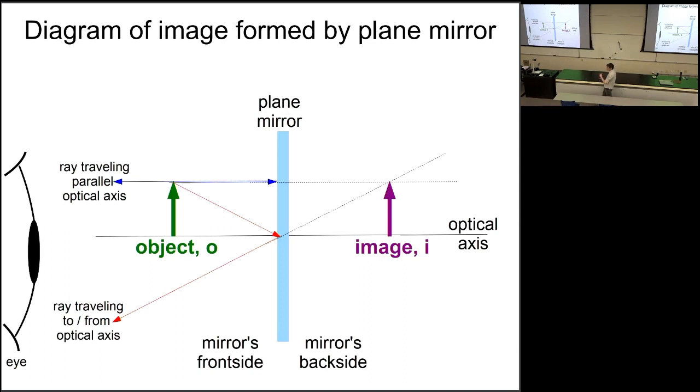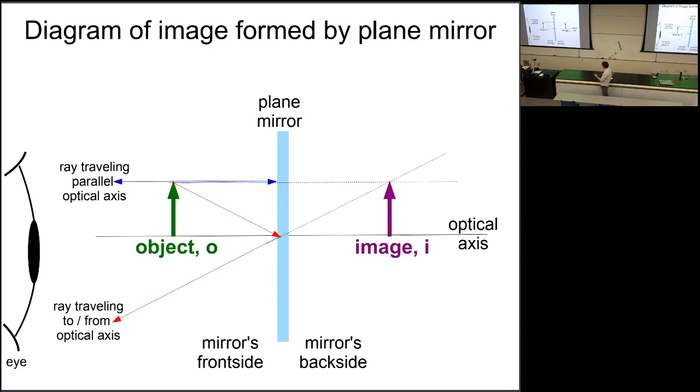This diagram introduces us to some of the language, the terminology, some of the tools and techniques that we'll use in drawing images. So I'll go through all the details on this diagram. So here vertically in light blue, this is the plane mirror.